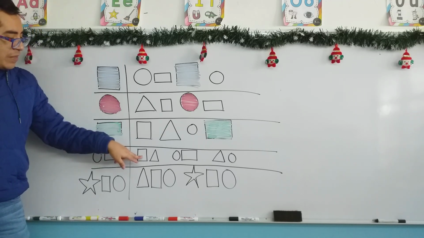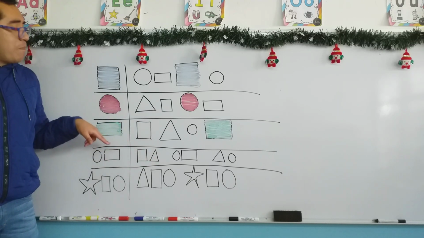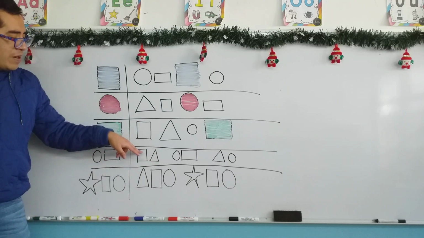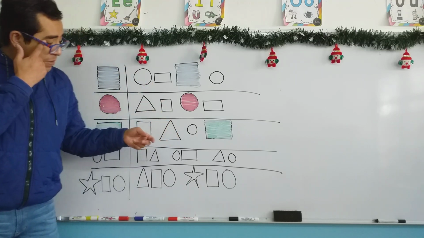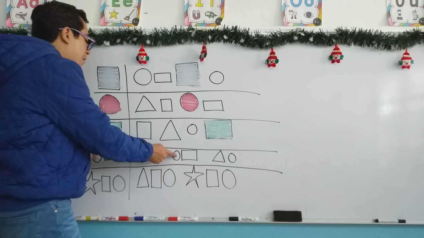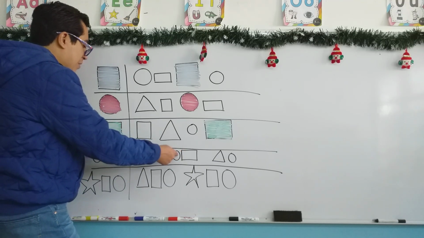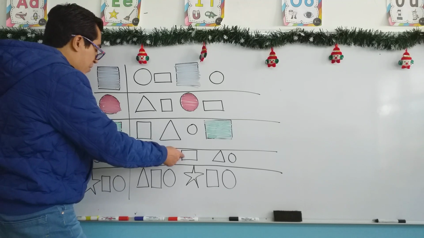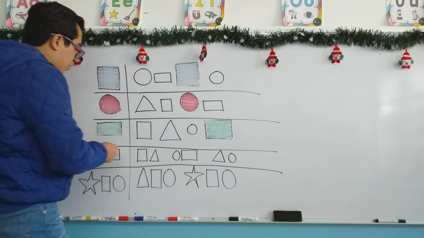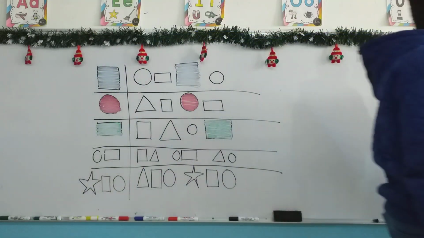Here we have a square and a triangle. It's not the same pair, no es el mismo par. We skip it. Nos saltamos a las siguientes figuras. We have a circle and a rectangle. So, this is the same pair that we are looking for. Es el mismo par que hemos estado buscando. We paint it. Lo vamos a colorear.